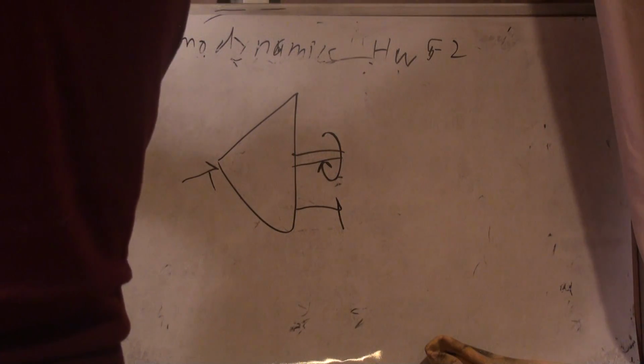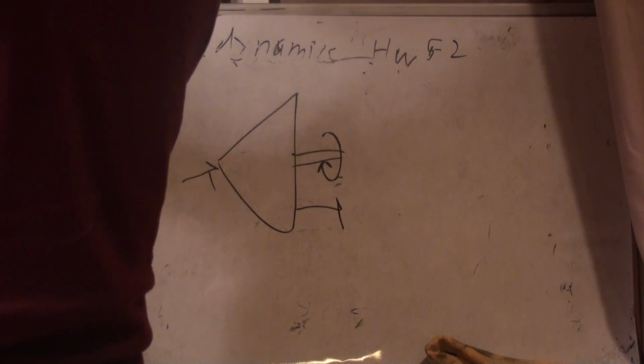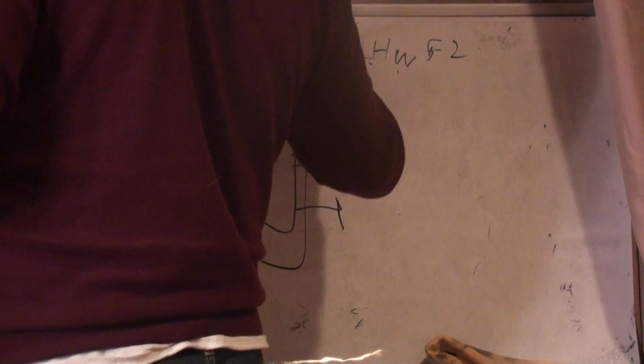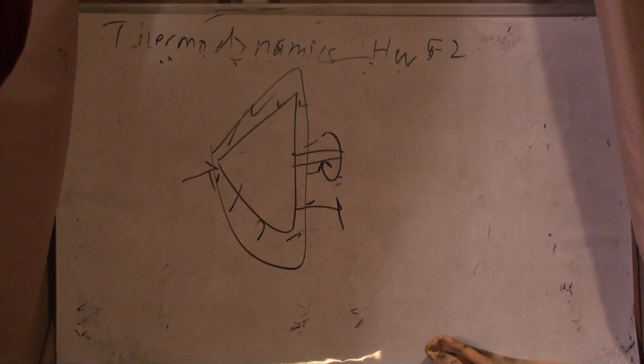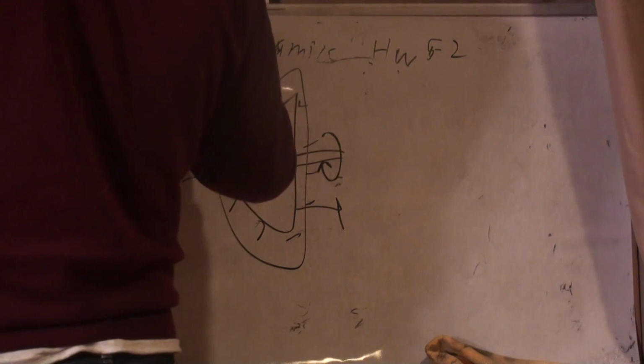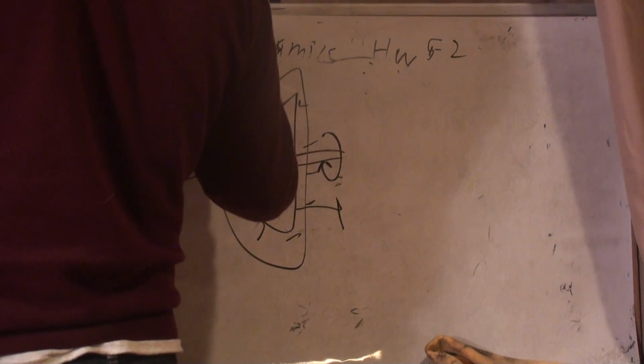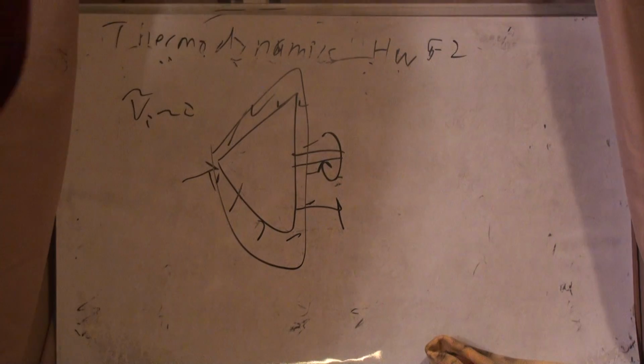Air enters a well-insulated turbine, so well-insulated, that means it's going to be adiabatic. We're going to put these little hash marks on there. With negligible velocity, so V squiggly in is approximately 0.